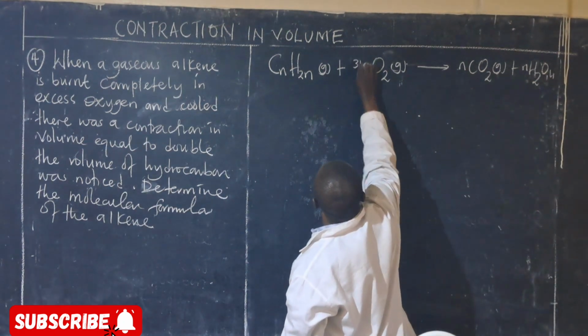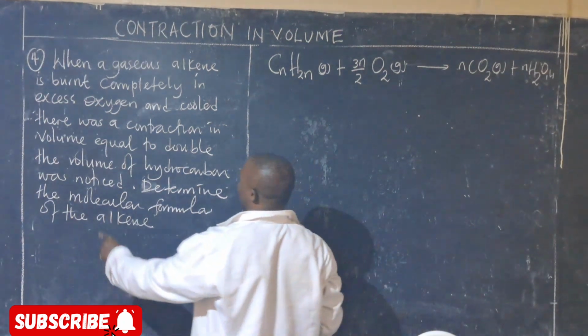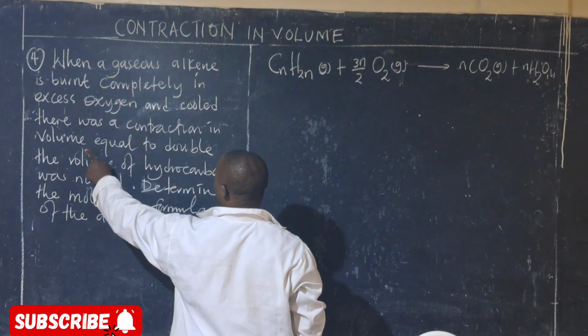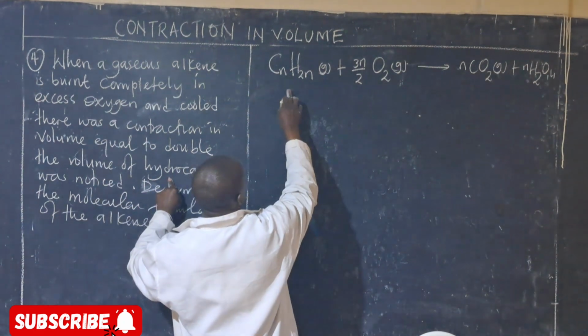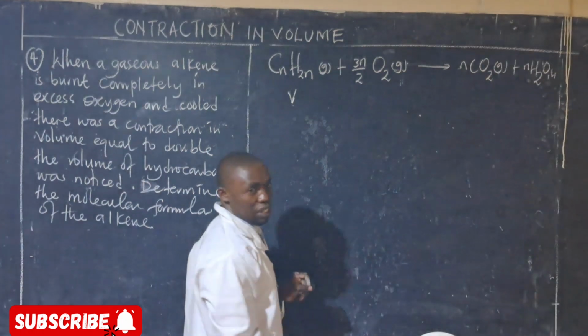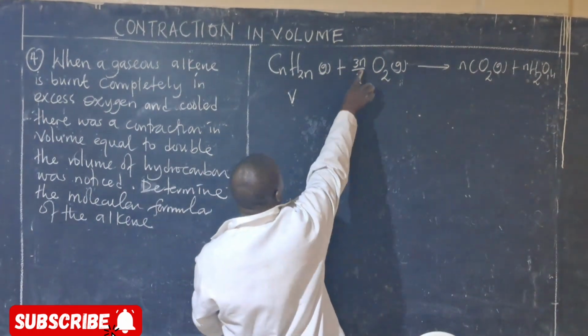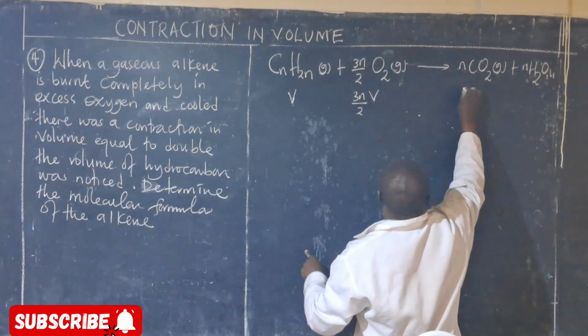So I'll need 3n out of 2 O2. Now, the contraction that occurs was double the volume of the hydrocarbon. So we let this volume be V cubic centimeters. So by mole ratio, this will be 3nV out of 2, then this will be nV.